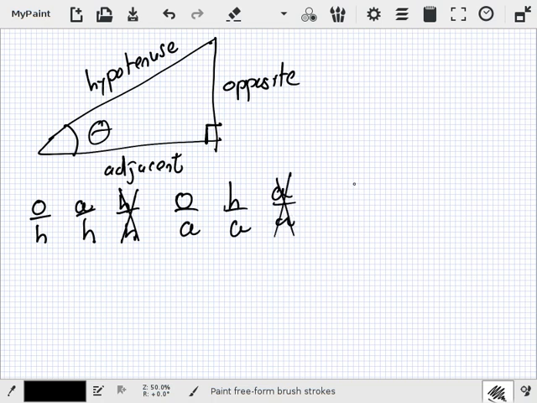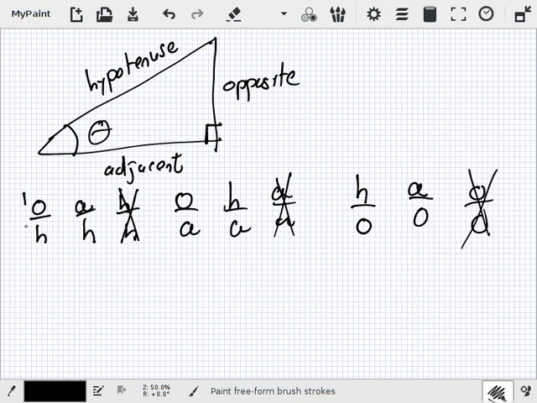Then hypotenuse over opposite, adjacent over opposite, and opposite over opposite, which is pointless. So there are actually only 6 valid comparisons between sides that you can make, and 3 of them we'll study now and 3 of them in semester 2.